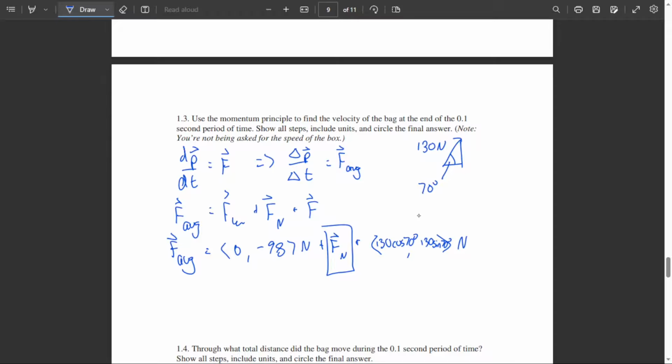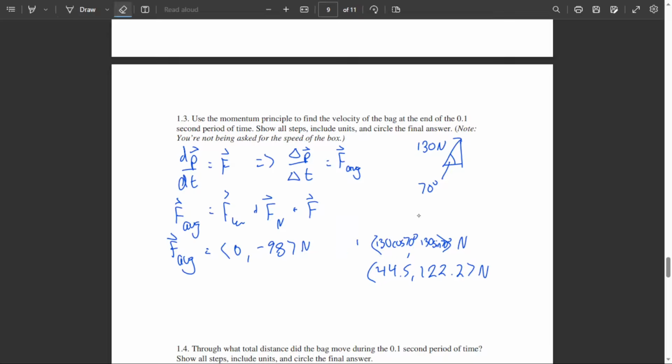So if we just calculate this force in actual decimals, we get 44.5, and then 122.2. And so we're applying enough force in order to completely lift it off the ground, so there's no normal force, because it's not touching the ground anymore.